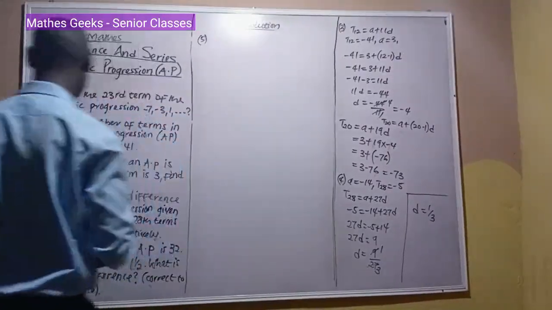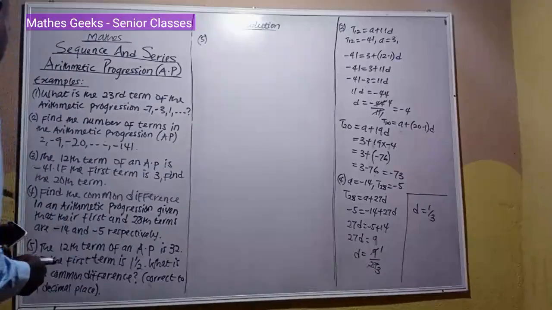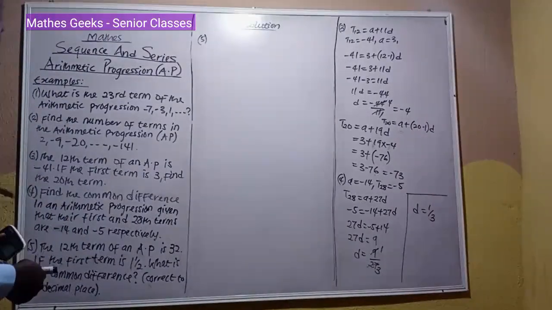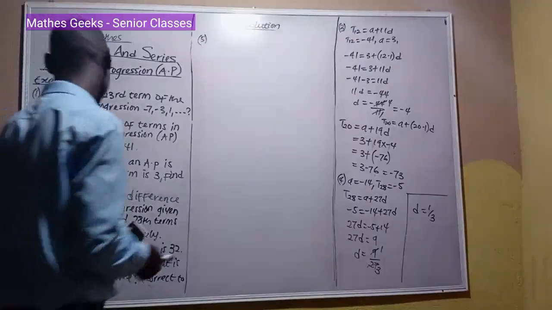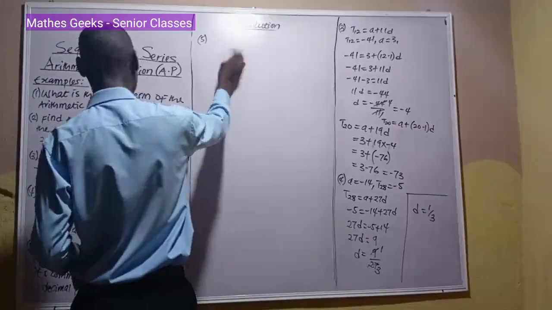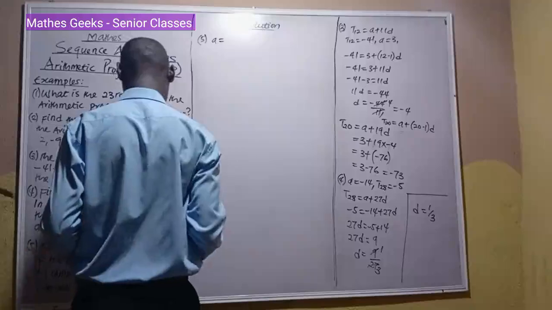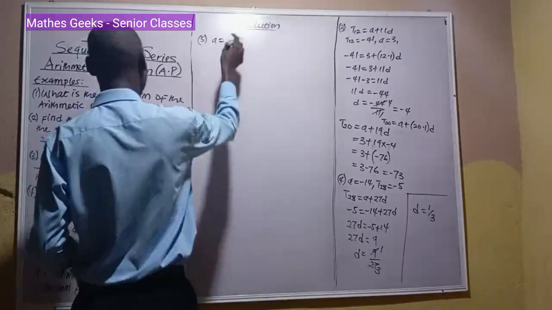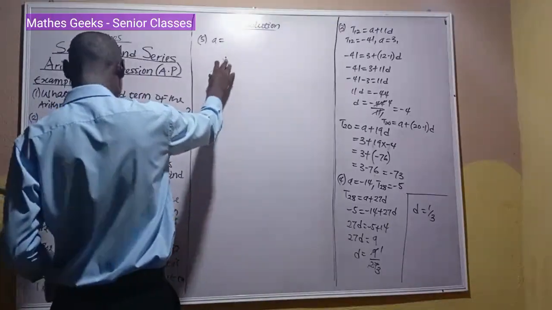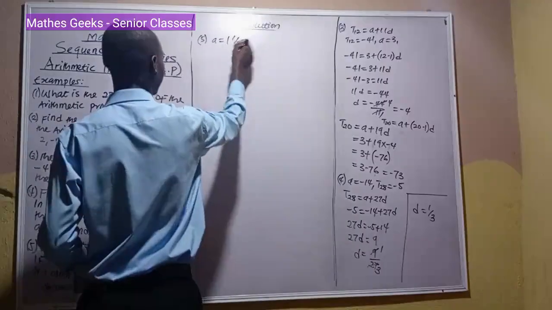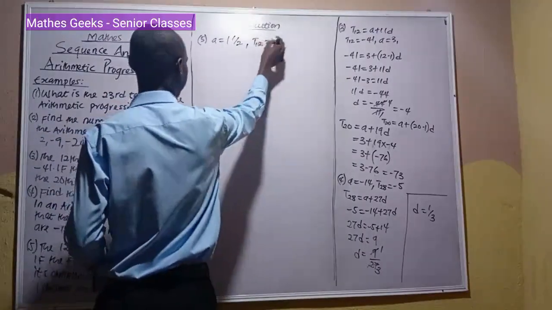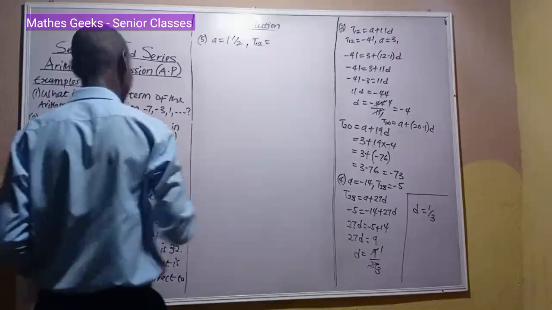Number 5. The 12th term of an AP is 32. If the first term is 1 over 2, what is its common difference? So the first term A is 1 over 2, and T12 is equal to 32.